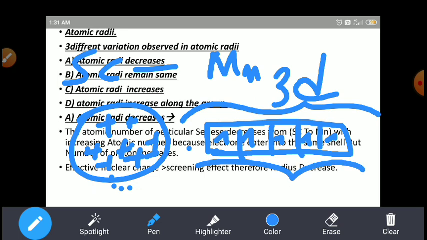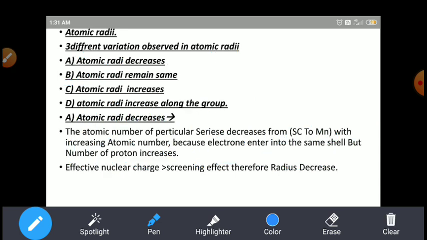So from scandium to manganese, the electrons are held with strong nuclear attraction. That's why the atomic radii decrease from scandium to manganese.